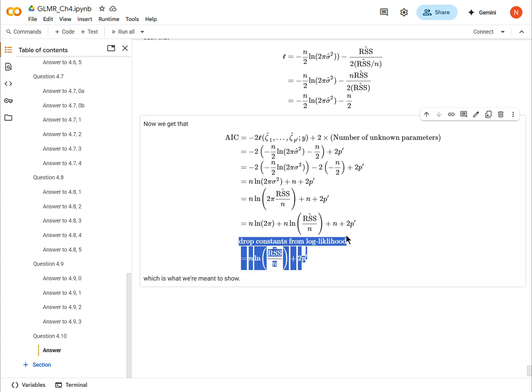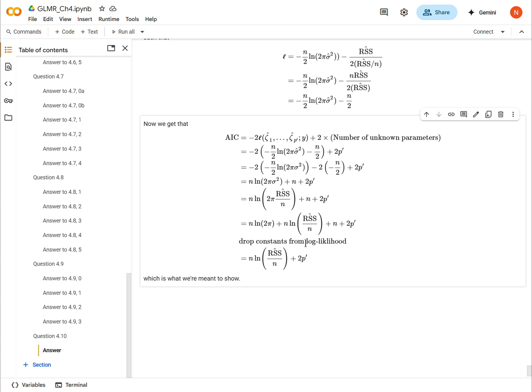And now this is the kind of ill-defined step where we drop the constants from the AIC. That means we're going to drop this, that's a constant, and this n is a constant. The 2p prime we don't touch, because we're just dropping the constants of the log likelihood, and the 2p prime is not part of the log likelihood.